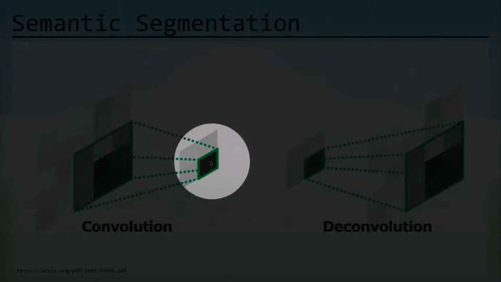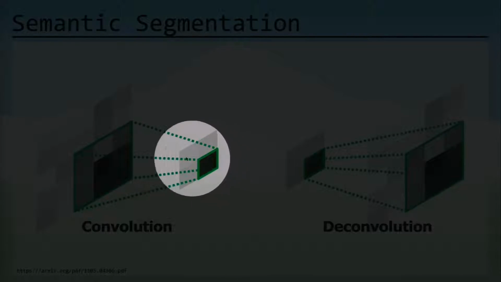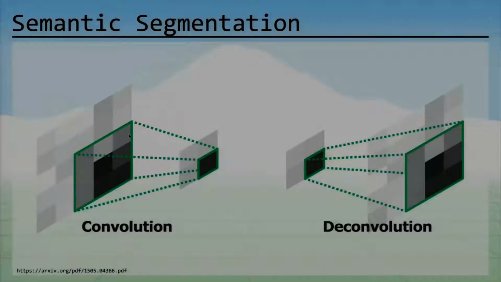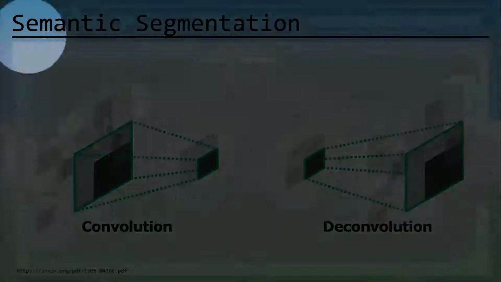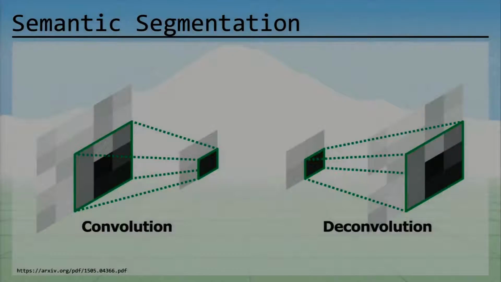We'll have some error associated with this pixel, and we have to map it back along the same weights from that filter to the input and figure out what the error is at the input layer. That same process is just a deconvolution. So these things are basically flipped versions of each other.